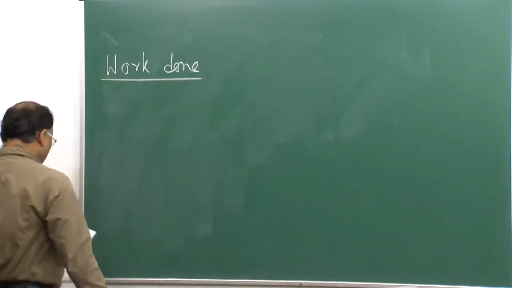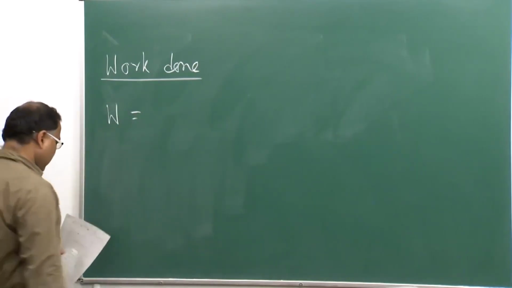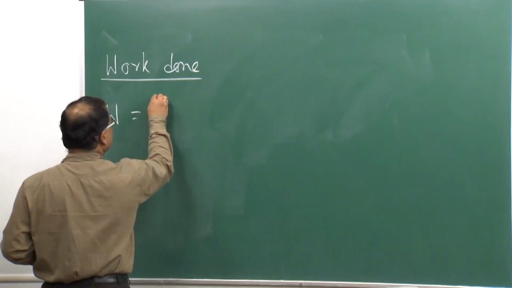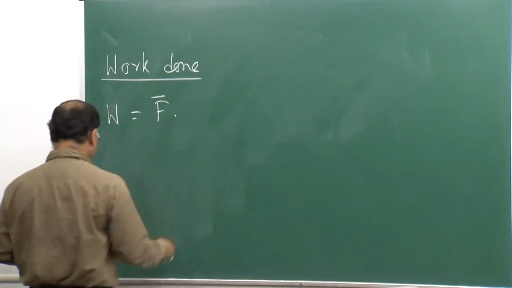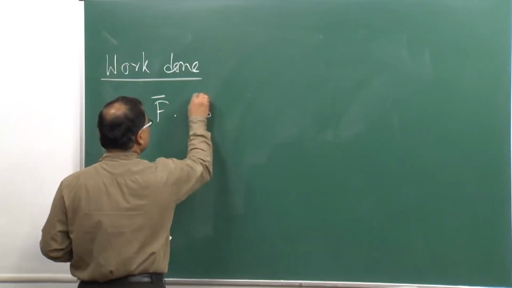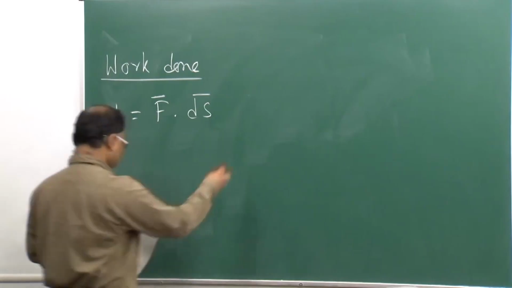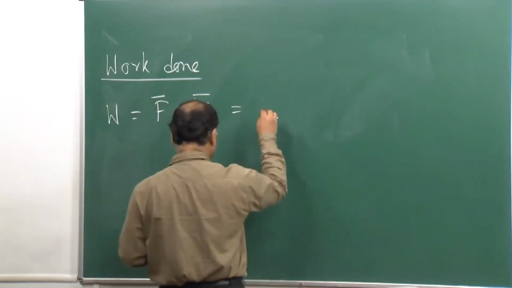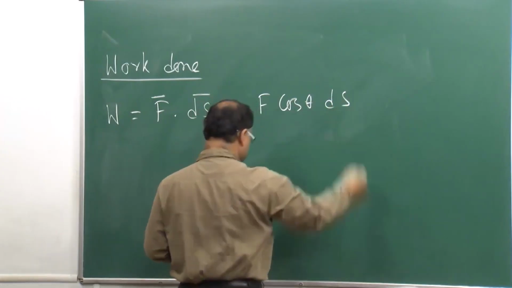If W is the work done, then basically that is the dot product of the force and the displacement vector, right. That can be written as F cos theta ds.